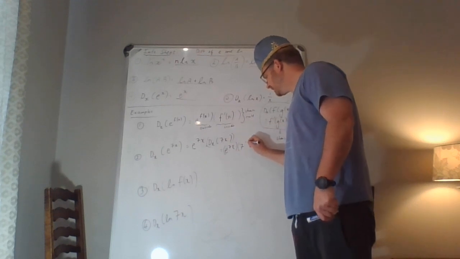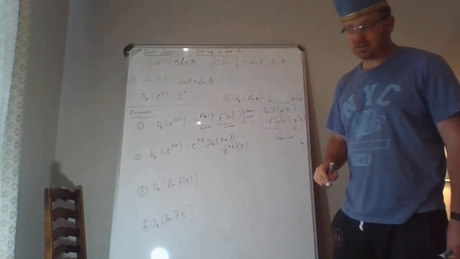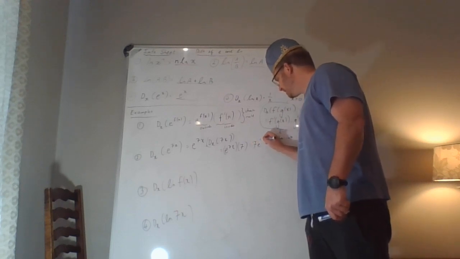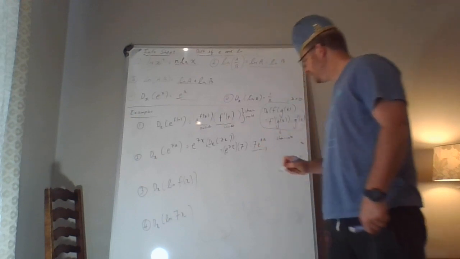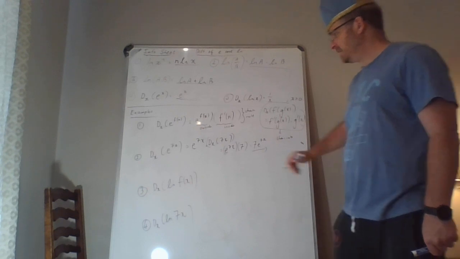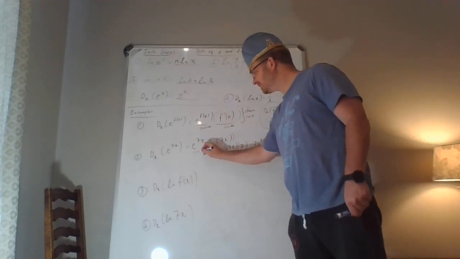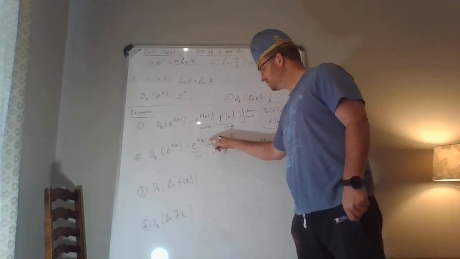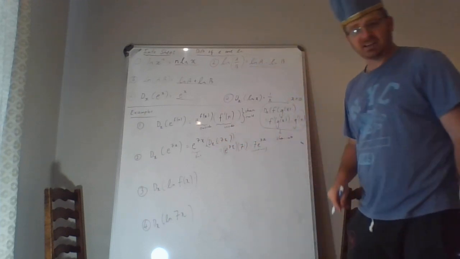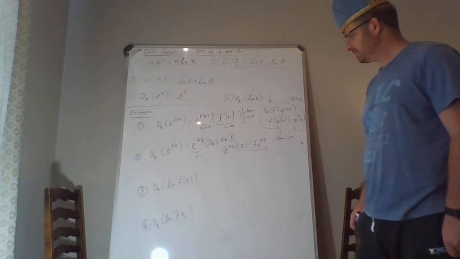You can skip out steps once you get comfortable with it. So that's 7e to the 7x. Again, that's the derivative of your outside, e to the 7x, times the derivative of your inside, the derivative of 7x is 7, so I get 7e to the 7x.